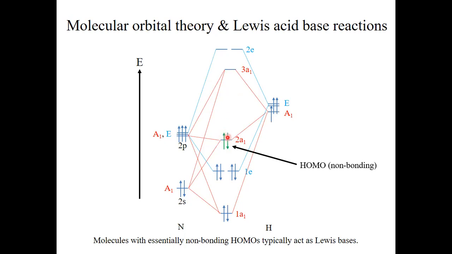If that HOMO was a bonding molecular orbital, then the energy of these electrons would likely be so low that there would be no thermodynamic driving force for electron transfer, and these two electrons would just remain completely non-bonding. Therefore, the non-bonding HOMO is ideal.